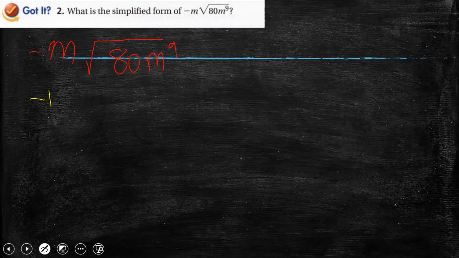Here we have negative m, keep it as it is. I don't want to simplify it. I will simplify the square root of 80m to the power 9.